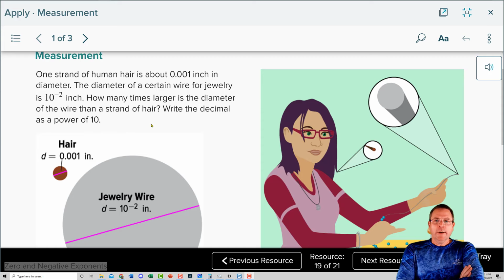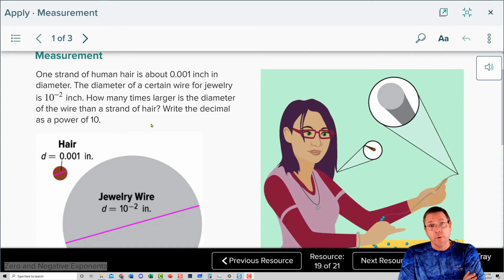Now, do you remember that introductory question where we were talking about how tiny snowflakes are and whatnot? Well, here we're going to talk about how tiny hair is going to be compared to the jewelry wire here. One strand of human hair is about 1/1000th of an inch in diameter. The diameter of a certain wire for jewelry is going to be 10 to the negative 2 inch.